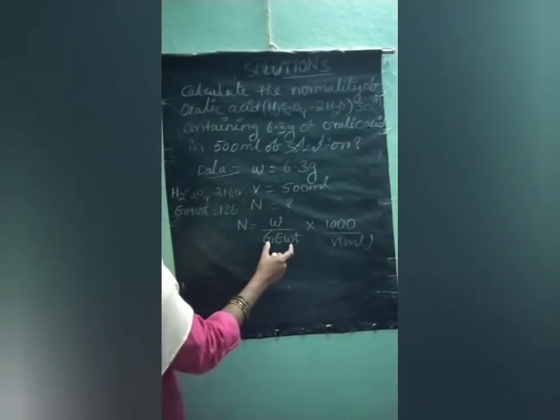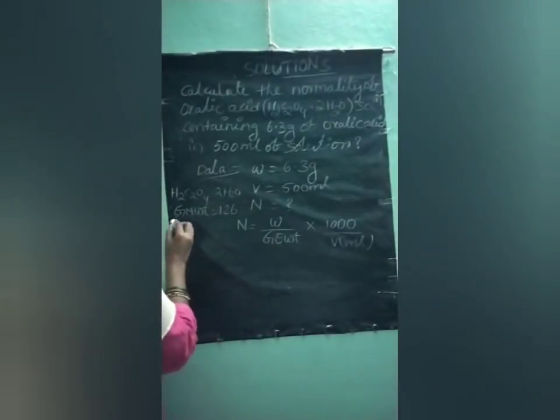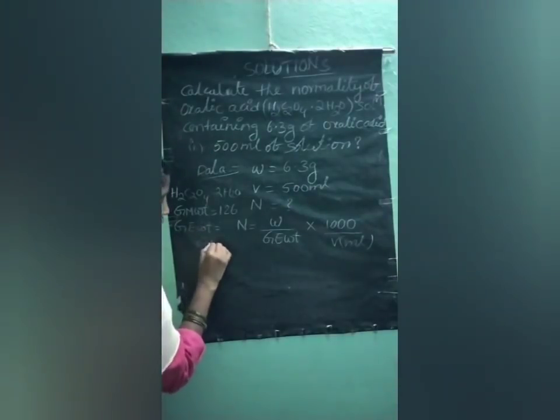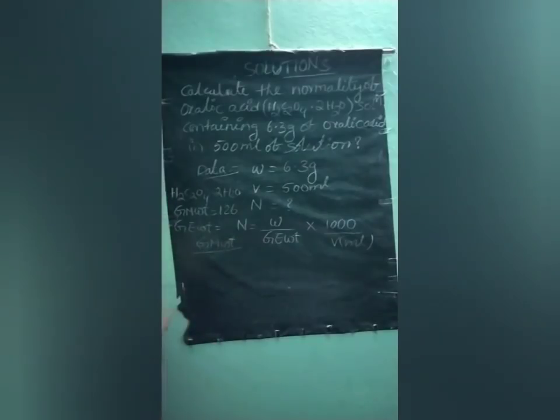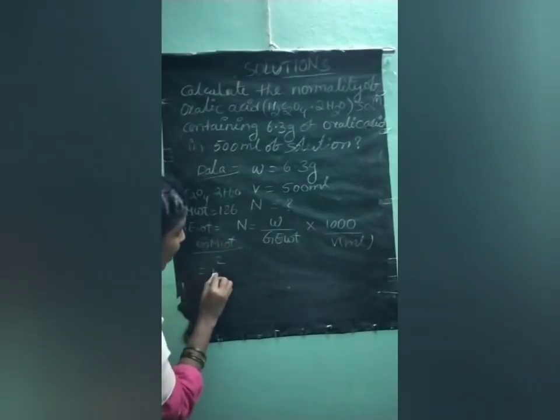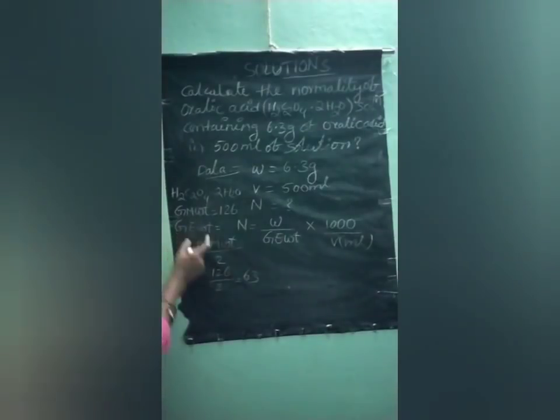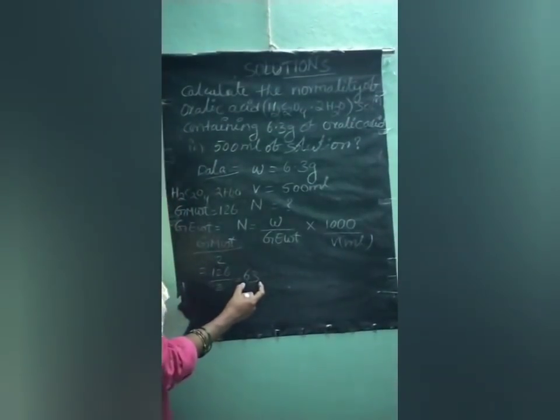But here the gram equivalent weight is needed. The gram equivalent weight is equal to the gram molecular weight by basicity. It is an acid, and its basicity is 2. So 126 by 2 is 63. So the gram equivalent weight of oxalic acid is 63.